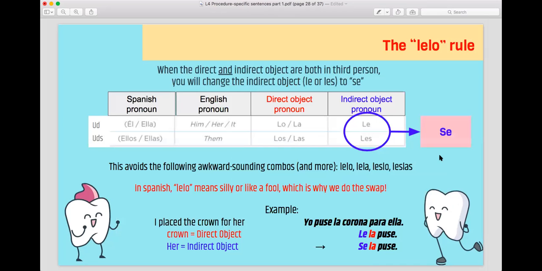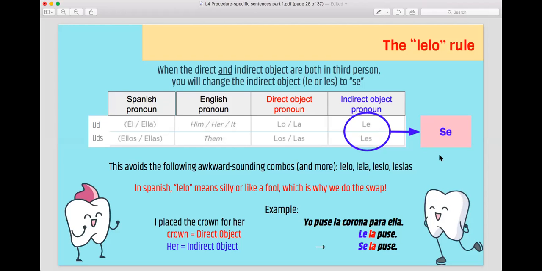Okay. And we have this thing called the Lelo Rule, is what I like to call it. And this happens when we take our lovely, very confusing third person direct, indirect object pronouns. If we have these in the same sentence, like I said, there's a lot of le, lo, la, les. It's a lot of L's. It sounds really awkward. And in Spanish, lelo is like slang for silly or fool.